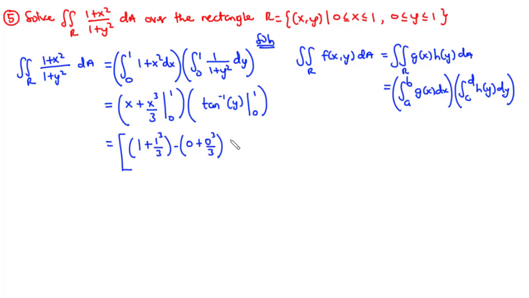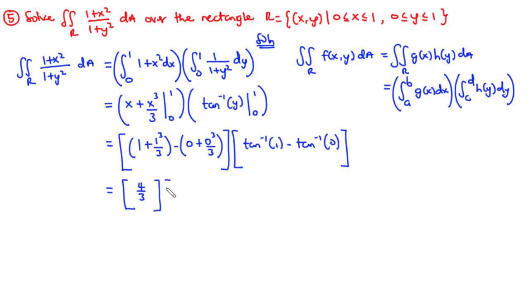So upper limit, lower limit, times tan inverse of 1 minus tan inverse of 0. So this becomes, here we are going to have 1 plus 1 over 3, and that's going to give us 4 over 3 minus, this is 0. So we have 4 over 3 times.